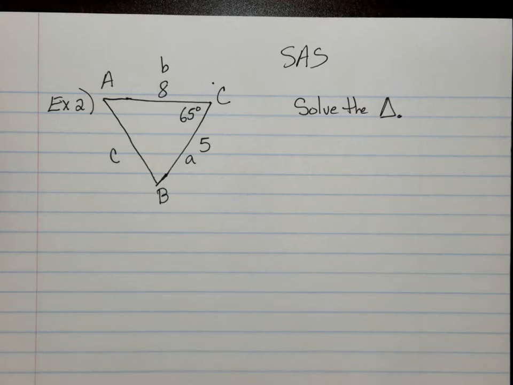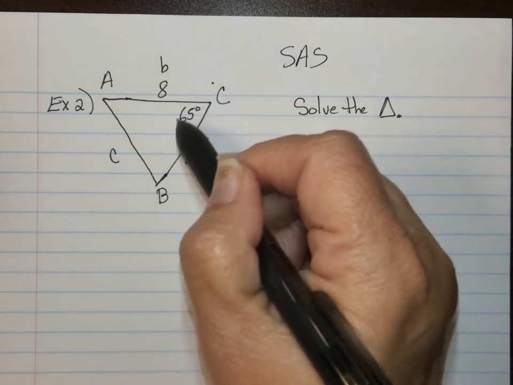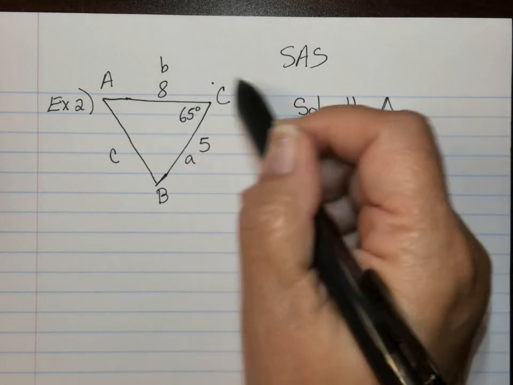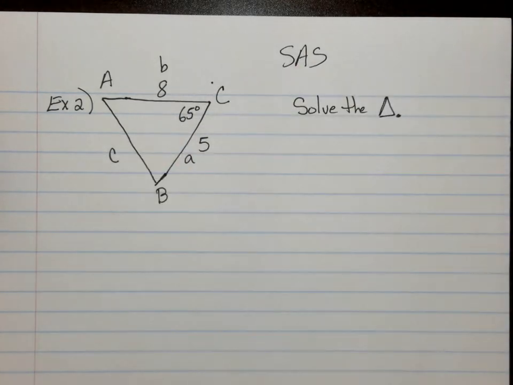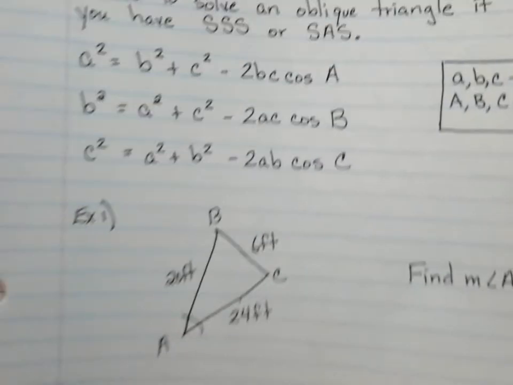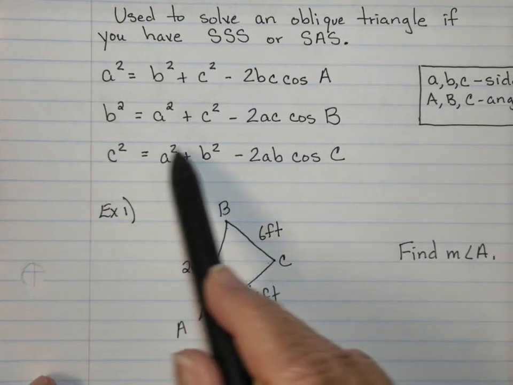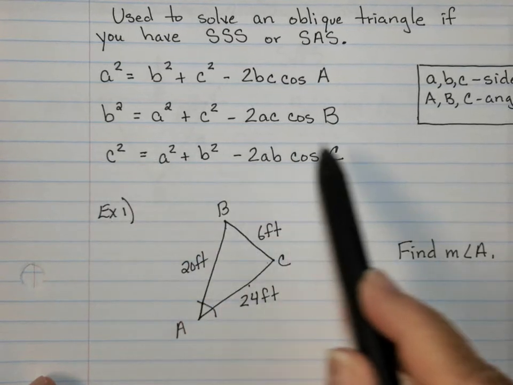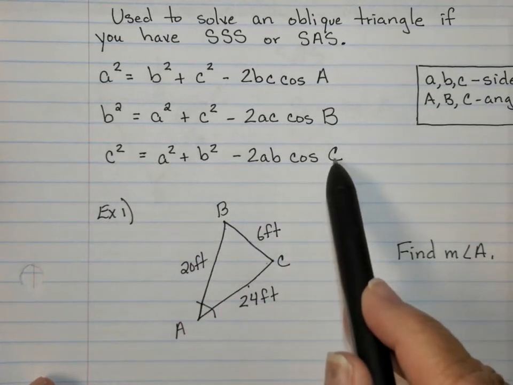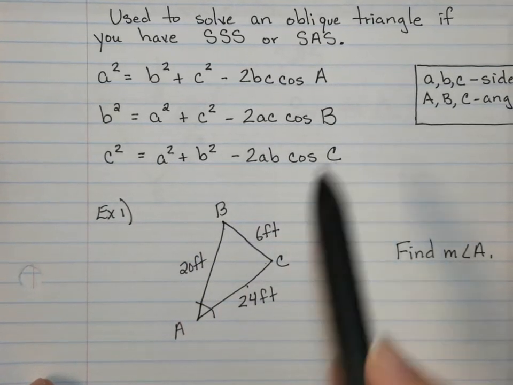And I need to use the law of cosines that's got angle C in it, because that's the angle that I know. So when I go over to my law of cosines, I'm going to use the bottom equation right here, because I've got angle C in my problem.